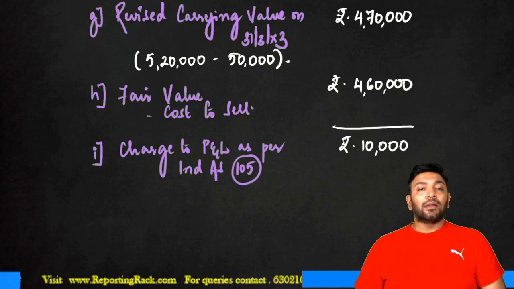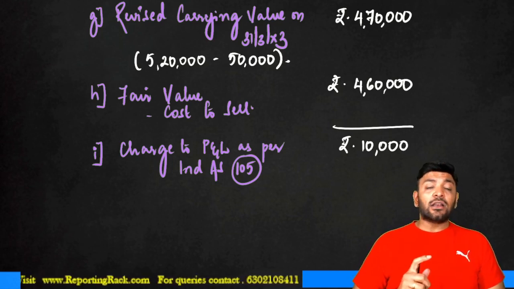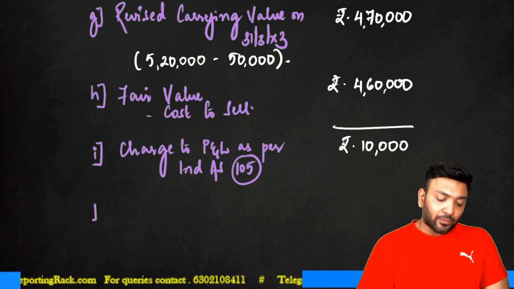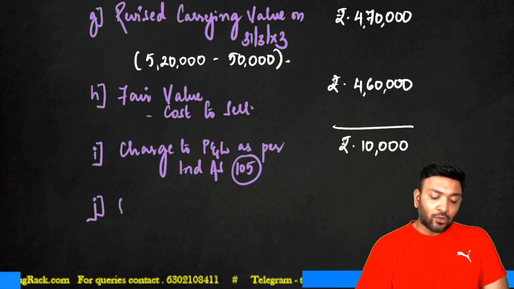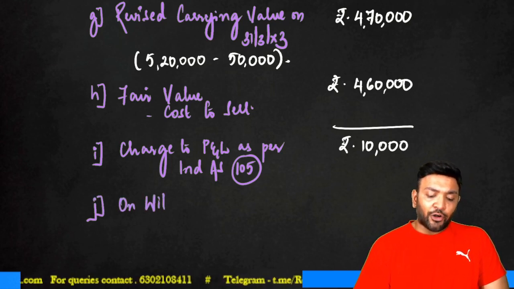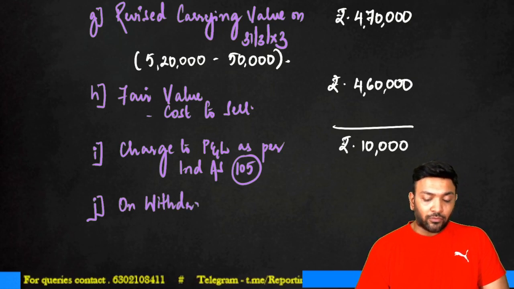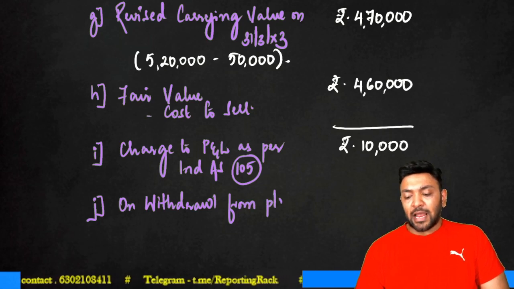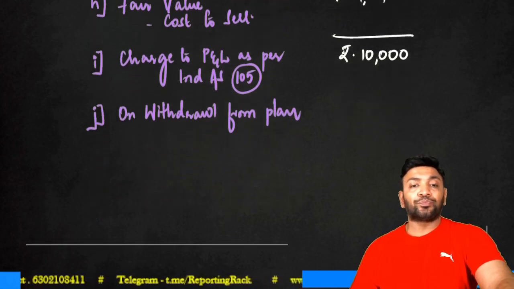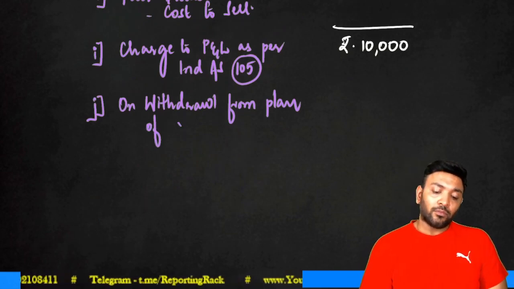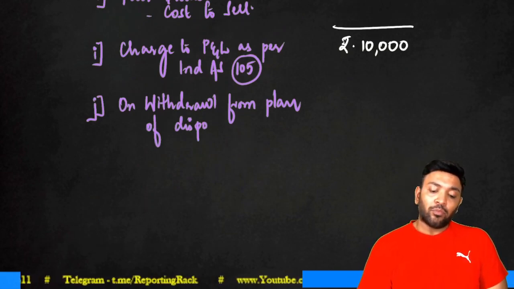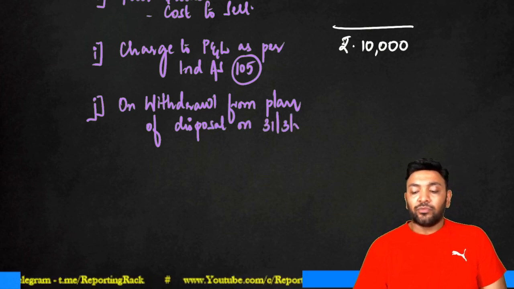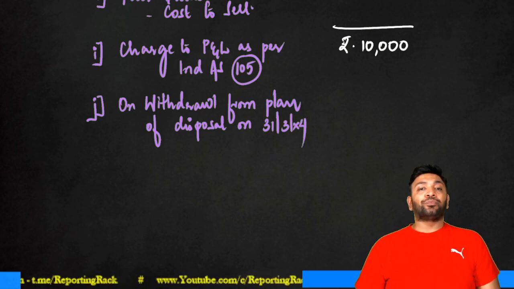Here, however, next year you withdrew from the plan. On withdrawal from plan of disposal, immediately on next year, 31st March 24.